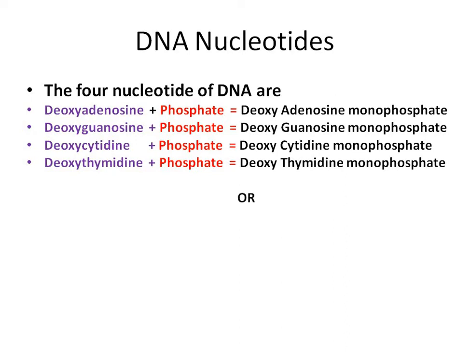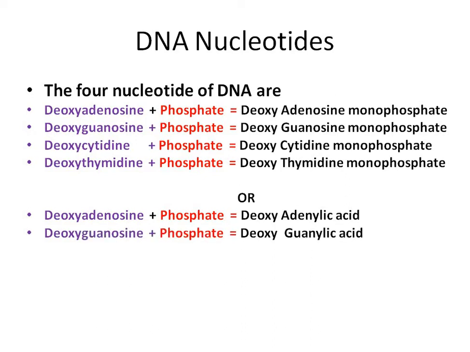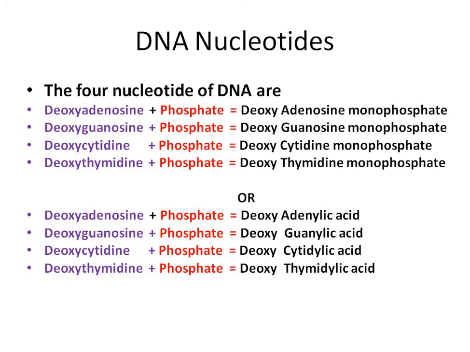Now these can also be called as deoxyadenylic acid, because the acidic property to the nucleic acid is because of this phosphate group. So if this phosphoric acid is attached to the deoxyadenosine molecule, you get deoxyadenylic acid. Similarly, we have this deoxyguanylic acid, deoxycytidylic acid, and deoxythymidylic acid.